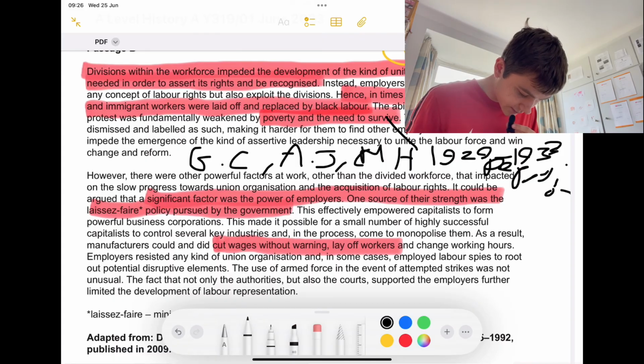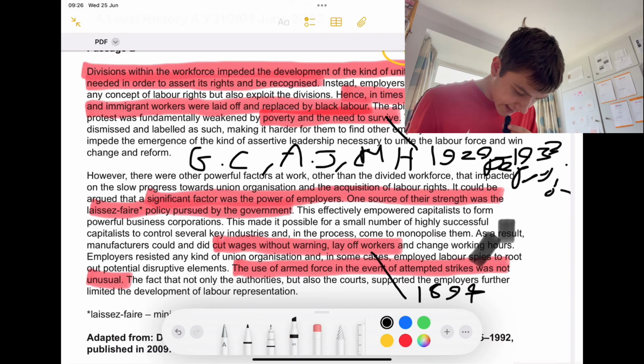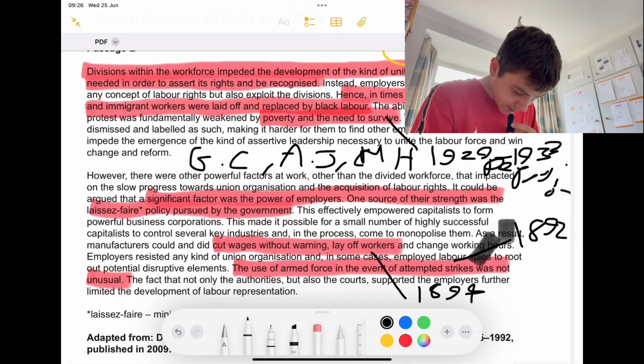Again, you can link that to the 1894 Pullman strike. Use of armed forces. The strike was not unusual, such as, again, the 1892 Homestead strike.